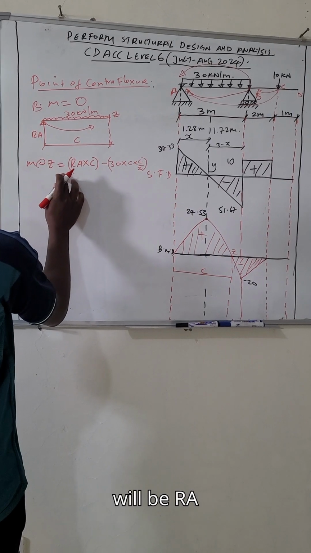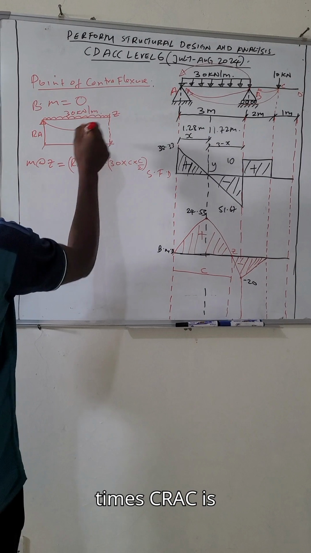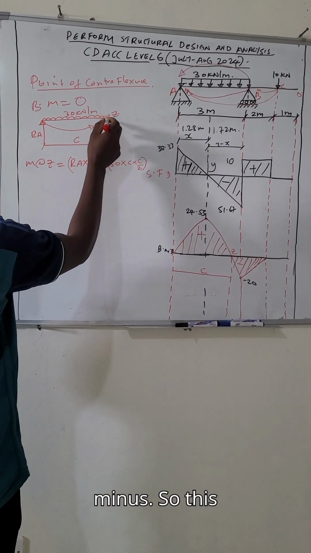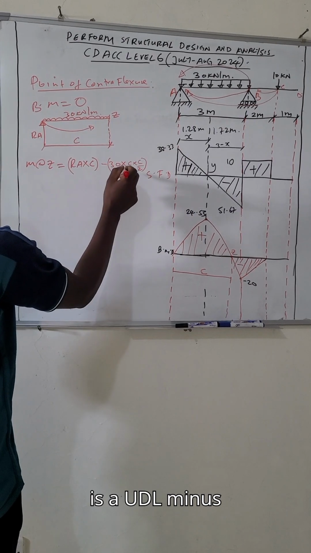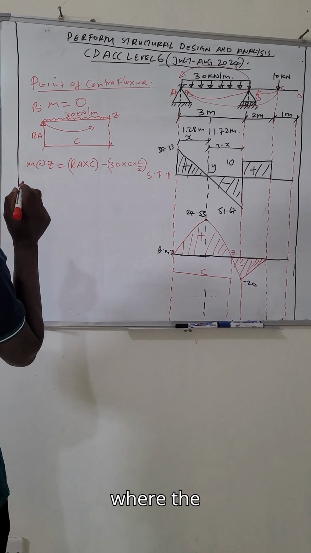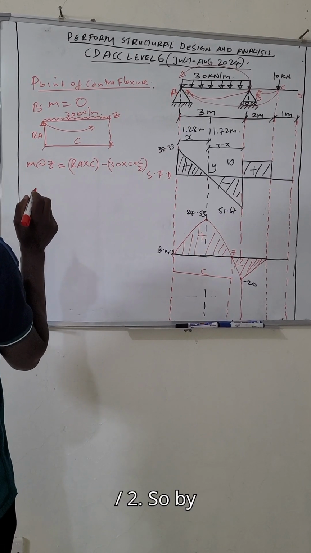So this one will be RA times C; RA is moving in a clockwise direction, then minus, for the UDL, 30 times C distance times where the bending moment is acting on the UDL, that is C over 2.